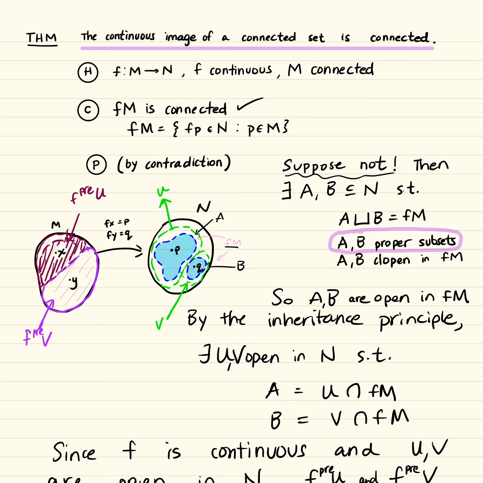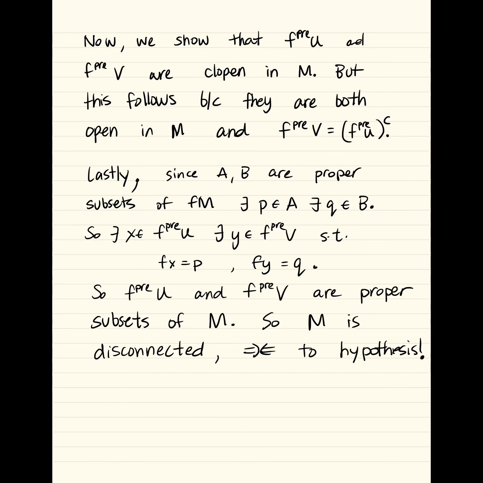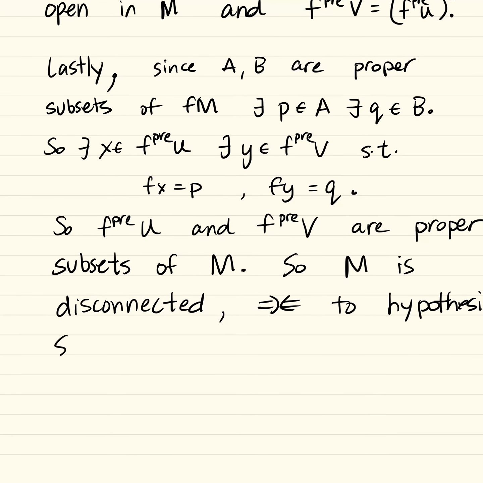And when we pull back with that continuous map, the preimages form a separation of M. Okay, so that's essentially it. So F of M must be connected. All right.